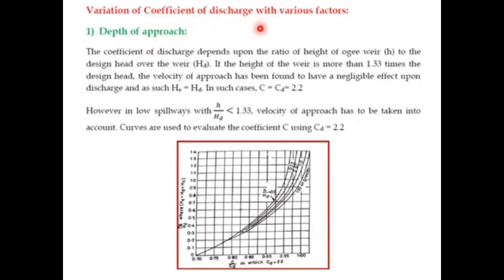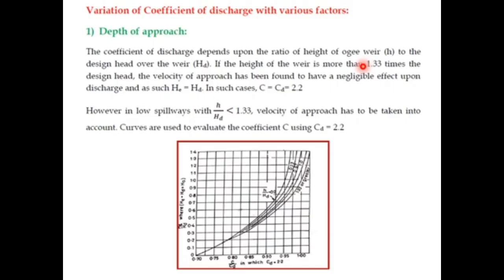Now we take the coefficient of discharge as 2.2, but it depends upon various factors like the depth of approach. Here the coefficient of discharge depends upon the ratio of height of the ogee to the design head. The height of the ogee may be 100, and the design head something like 4 to 5 meters.